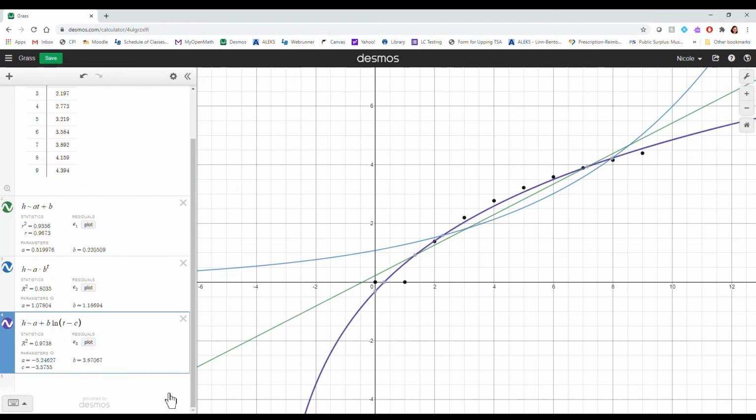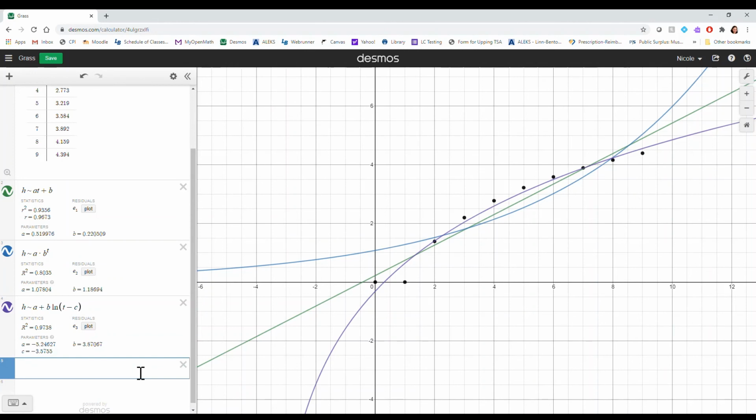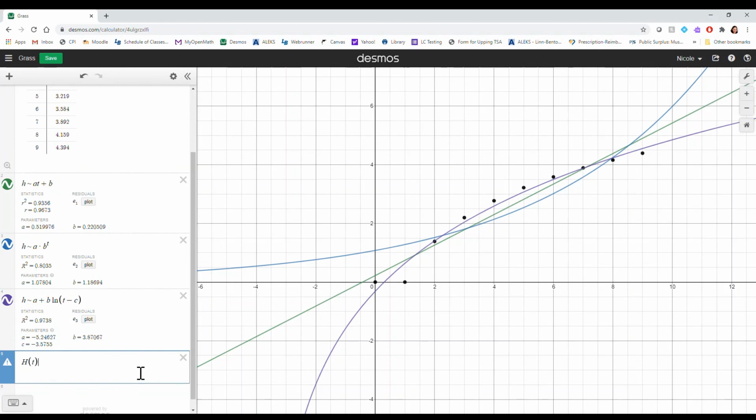Oh no, what have I done? Well, we should do that again. Let's try that again. Maybe it doesn't like h of t. I don't know. Equals a. I wonder if I can copy and paste to make my life a lot easier. No, I can't. Negative 5.24627 plus b 3.87067 times the natural log of t minus negative 3.5755.